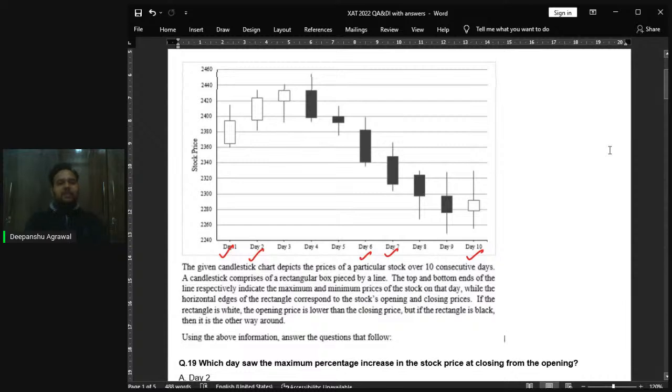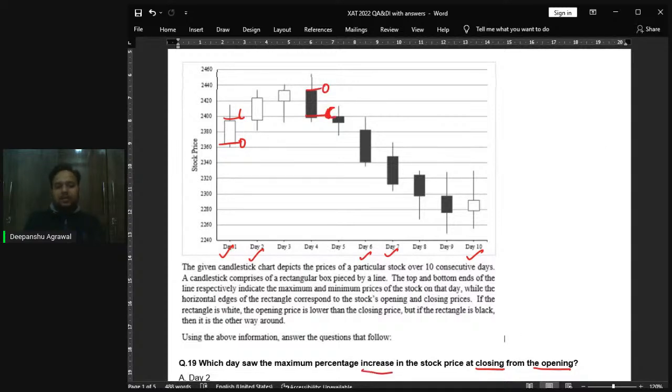Right. So it says the maximum percentage increase in stock price at closing from opening. So, opening, closing. This is opening, this is closing. So we have to find the percentage increase, right?